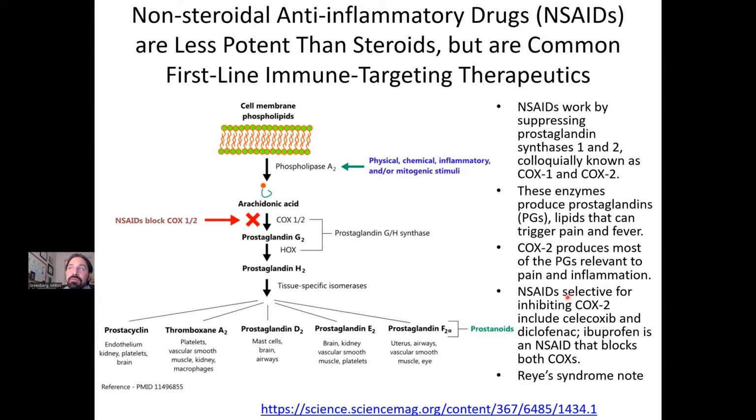So NSAIDs can be selective, or they can have dual activity. So NSAIDs can be selected for inhibiting COX-2, including these two NSAIDs right here. Ibuprofen is really your most common one. It's an NSAID that blocks both COXs.